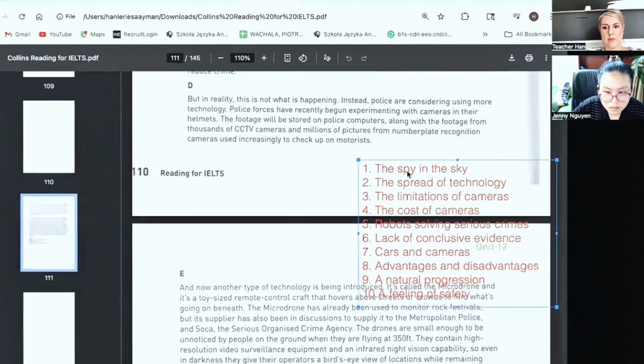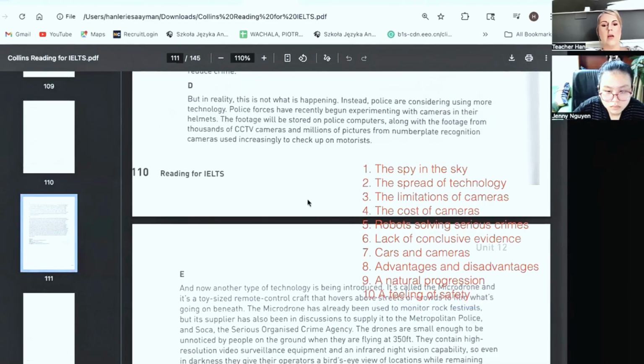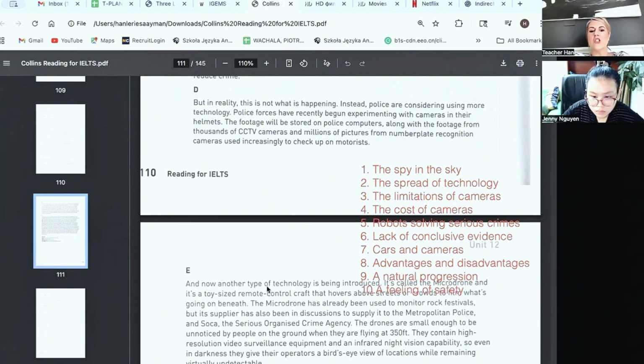The spy in the sky. No, not the spy in the sky. They are talking about an invention now. So police are considering using more technology.